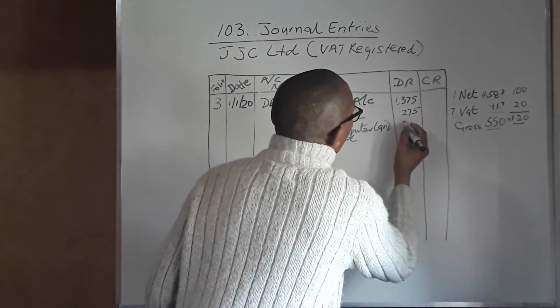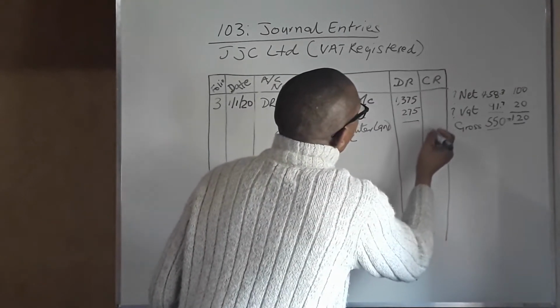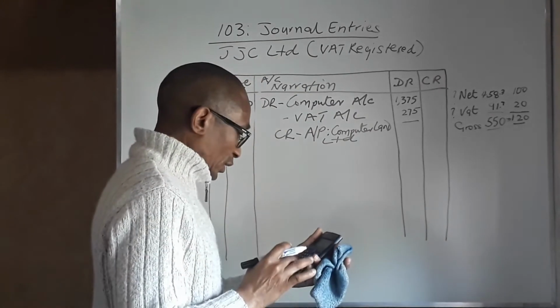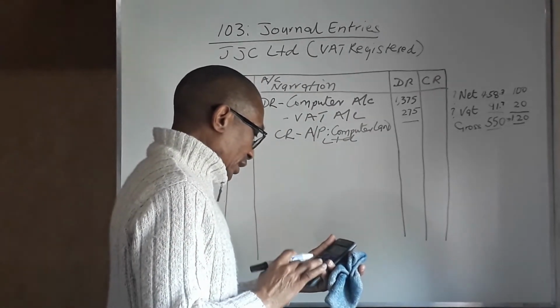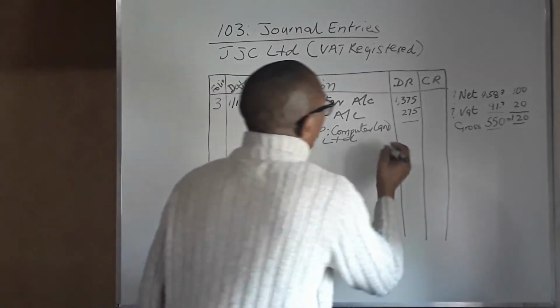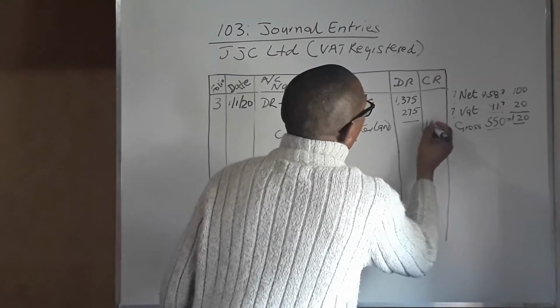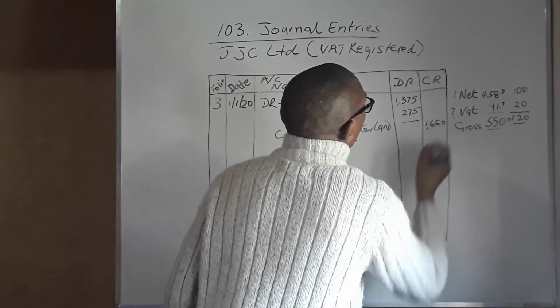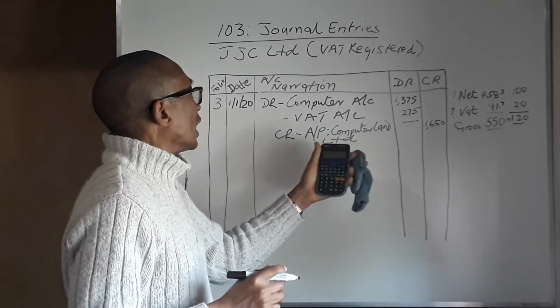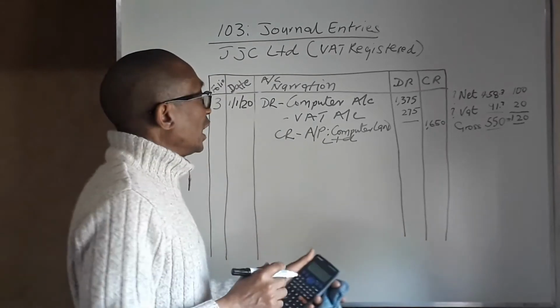And the total of these two will give us the gross amount, which we now credit to Computerland account, which is those two, 1375 plus 275, which is 1650. All right, 1650 will now go to the credit of Computerland account in the account payable ledger.